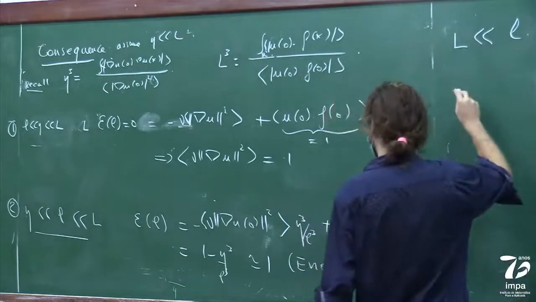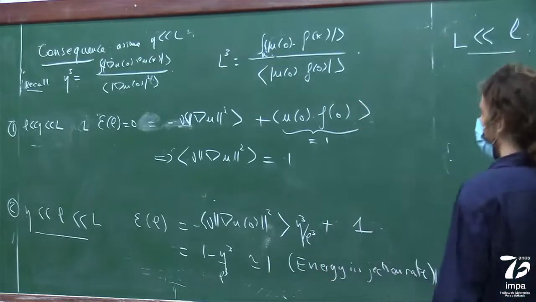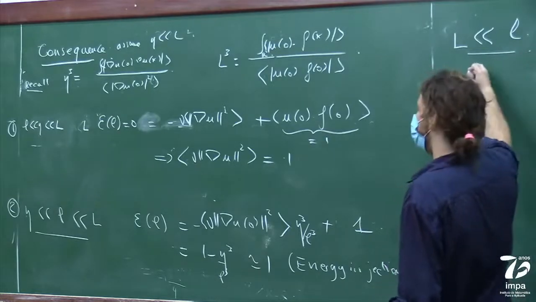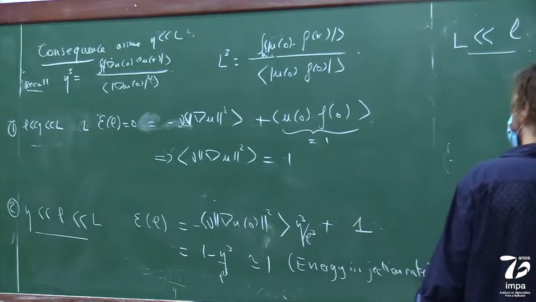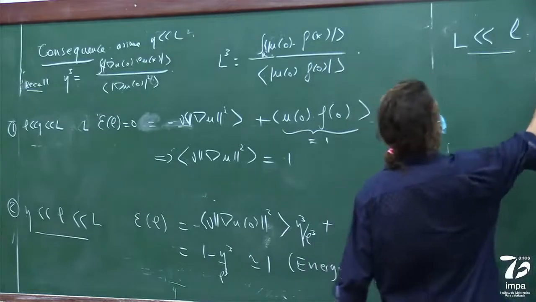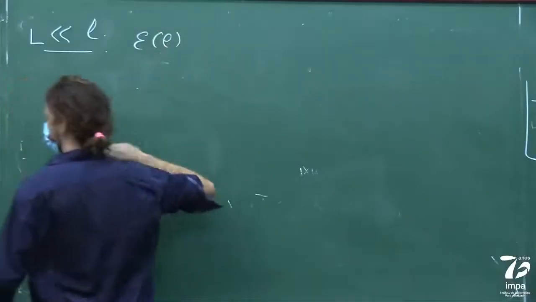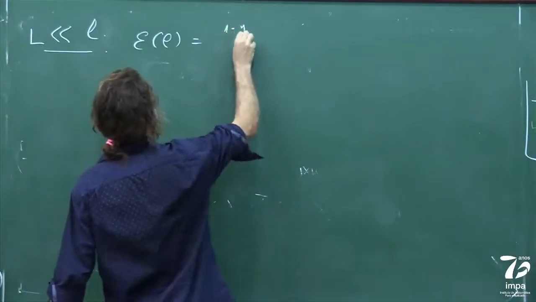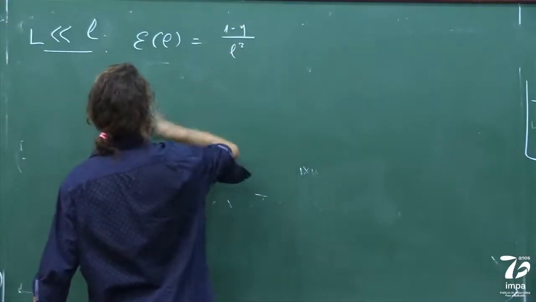And in that case, what's happening in this range will be simply epsilon L is equal to 1 minus eta over L cube.